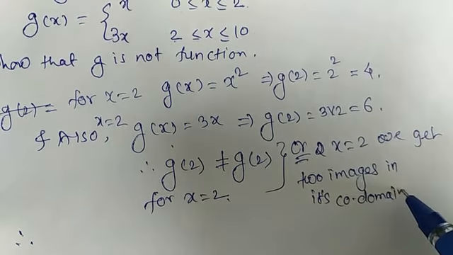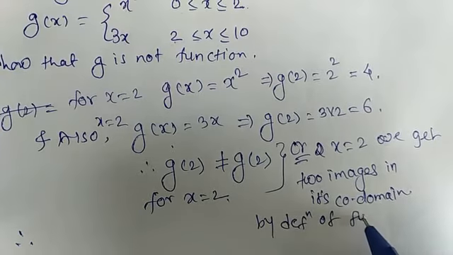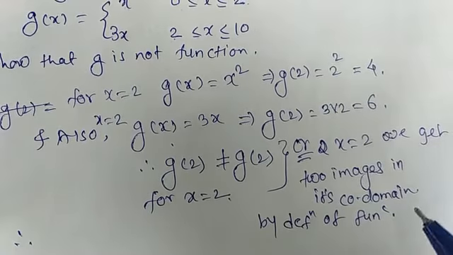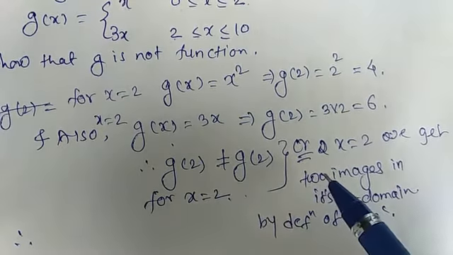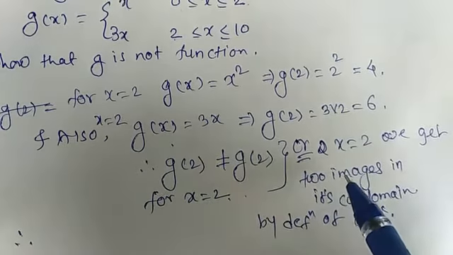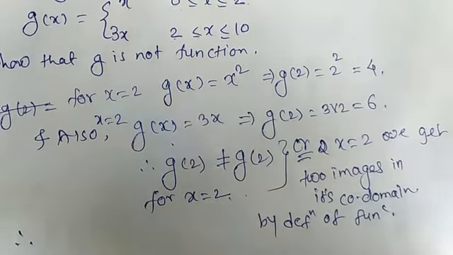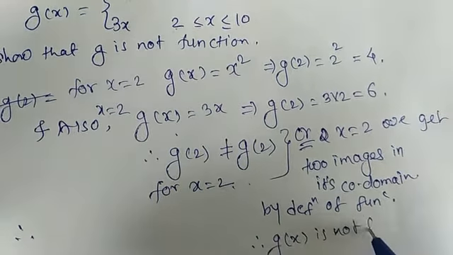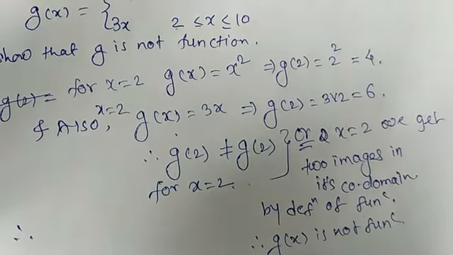Okay, so by the definition of a function, a function says that every domain element has an image in its codomain, only a single image. But here for x equal to 2, there are two images, so g of x is not a function. Okay, g of x is not a function.